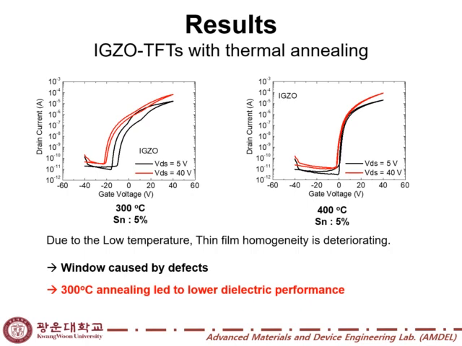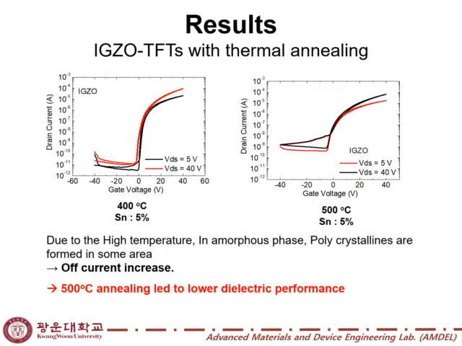First, comparing the two results, it can be seen that the homogeneity of thin films decreased due to the formation of windows by defect at low temperatures. Comparing the other two results, it was confirmed that off-current increased as polycrystalline of some regions was formed in the amorphous phase at the high temperature.